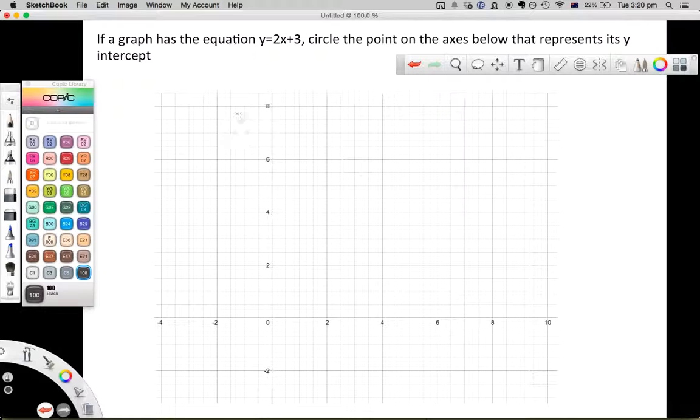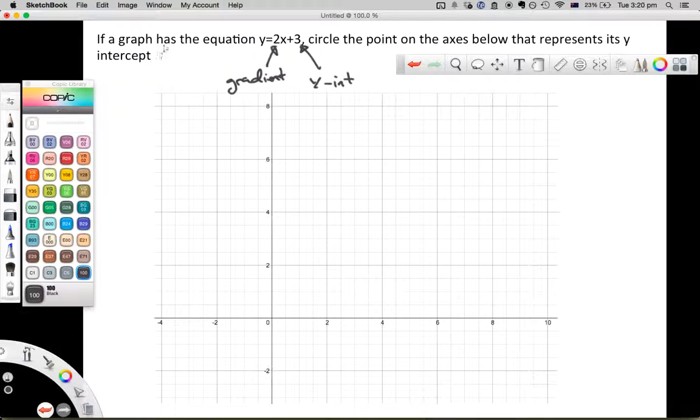Okay, so here's another key thing. We've got a couple of components to an equation like this. The general form we give it, the number that goes in front of the x is always going to be the gradient. And the number that we're adding on is always going to be the y-intercept.